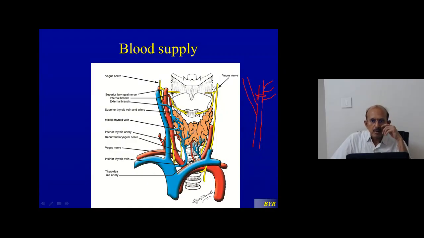So, the external carotid artery only has the branches. That is why whenever you have to ligate a carotid vessel, you ligate only the external carotid artery. That means you choose a carotid vessel which has branches and ligate it. Okay.